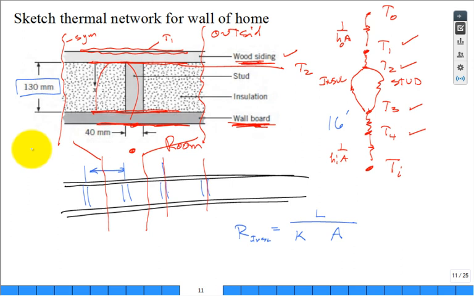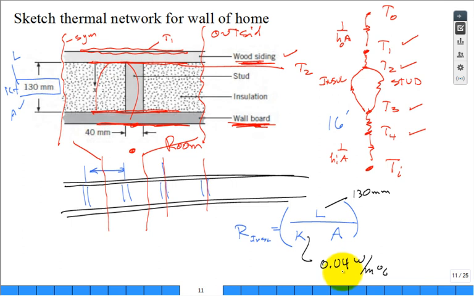Is that 130 millimeters either L, K, or A? I'm trying to get this L over kA for the insulation. What is the 130 millimeters? It's my L, isn't it? It's the length traveled. You go and look up the thermal conductivity of insulation, 0.04 watts per meter degree C, or, I'm just throwing out a number. It's close in that vicinity.